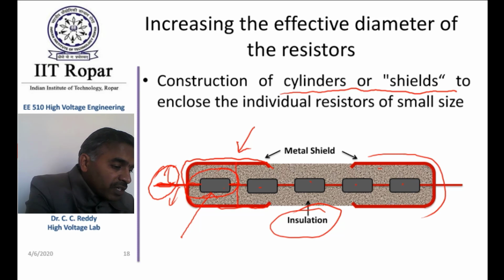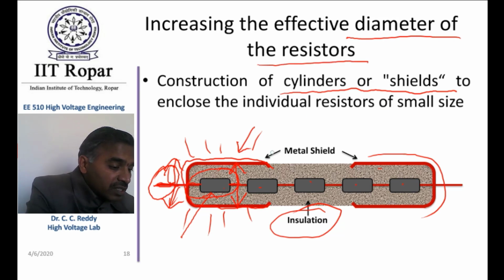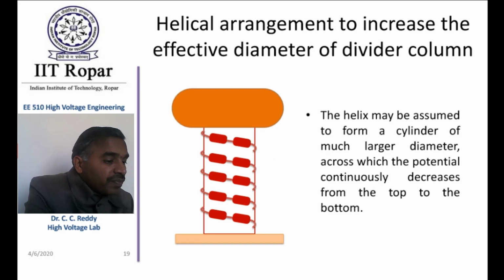Now this is the effective diameter of the resistor. So obviously the corona or surface discharges will decrease. This is how the effective diameter of the resistors is increased. Otherwise the fields are so high that these resistors cannot tolerate them, and surface flashover may also occur. So to avoid that, this kind of structure is needed.